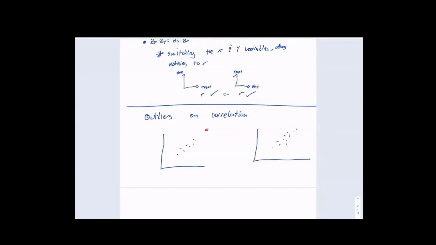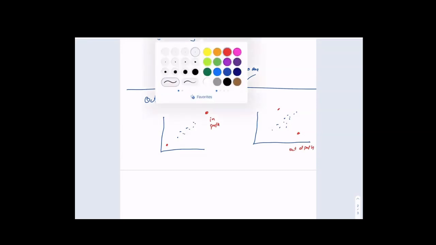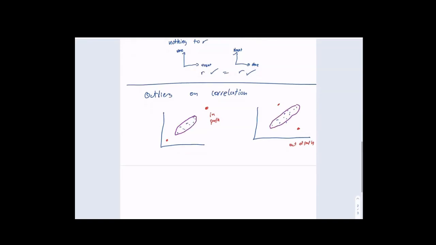There's outliers that are in the path, like this data had, and there are outliers out of the path. You can see from this data here that for the most part, the cluster of data points is right here, and those two points would be outliers.